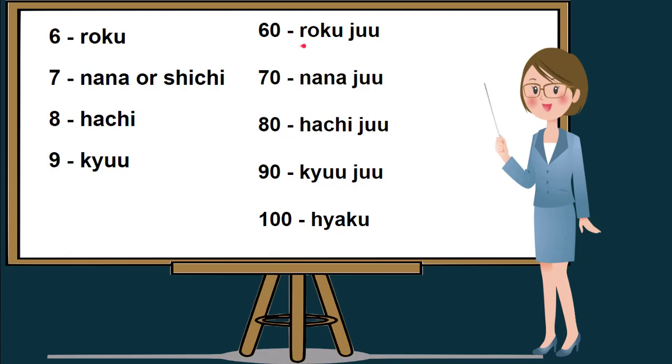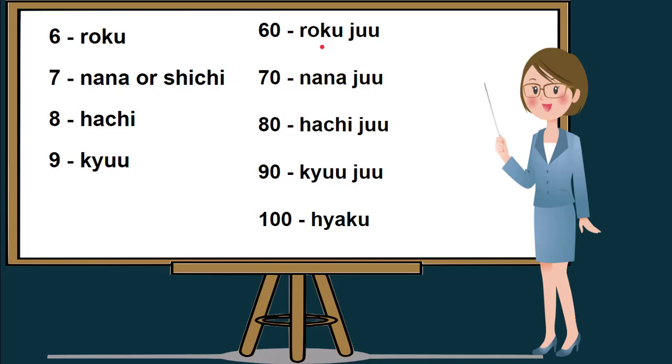Let's count one more time from 60 to 100 by tens. Please repeat after me. Rokuju. Nanaju. Hachiju. Kyuu, hyaku. Let's count again one more time from 60 to 100 by tens.